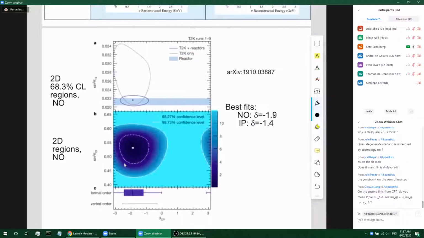This is a recent result from T2K fitting both the mass ordering and the CP delta. And so here, the plot here now is fitting all the parameters. So this is a joint fit to all T2K data.